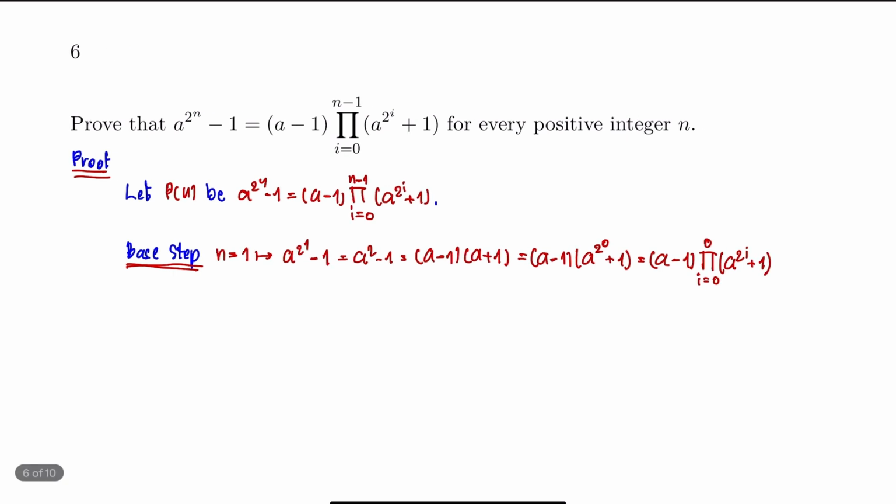And this 0 actually is 1 minus 1. Okay, so that means that P of 1 is true. So we have proved the base step.